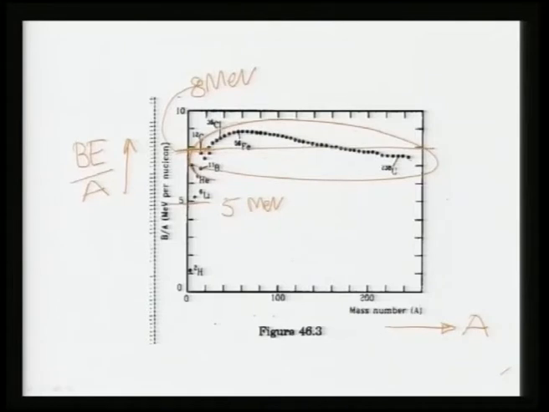It is not going proportional to capital A, it is not increasing with A. This point is A equal to 100, and this point is A equal to 200. So, your binding energy per nucleon is not proportional to A, it is roughly constant with a small downward trend. See, it is decreasing like this. So, small downward trend.